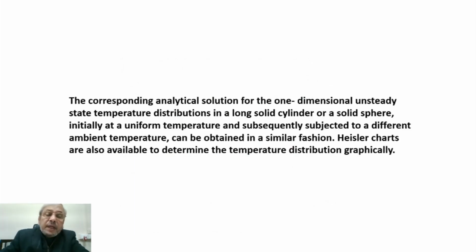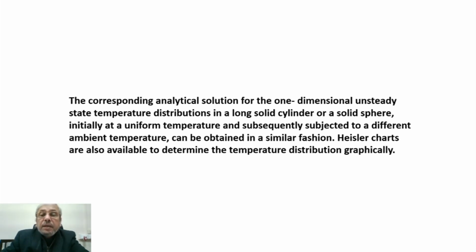The corresponding analytical solution for the one-dimensional unsteady state temperature distributions in a long solid cylinder or a solid sphere, initially at a uniform temperature and subsequently subjected to a different ambient temperature, can be obtained in a similar fashion.